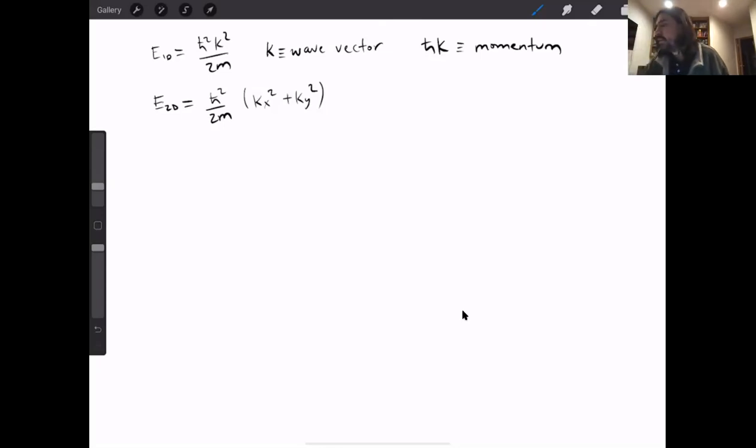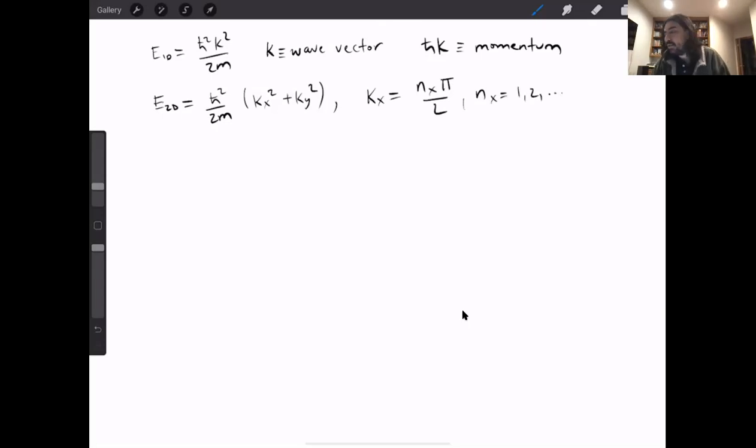And because of the boundary conditions, this kx is, and also the ky is the analogous formulation, nx pi over L, where nx is an integer that goes from 1 all the way up. Same thing for ny.